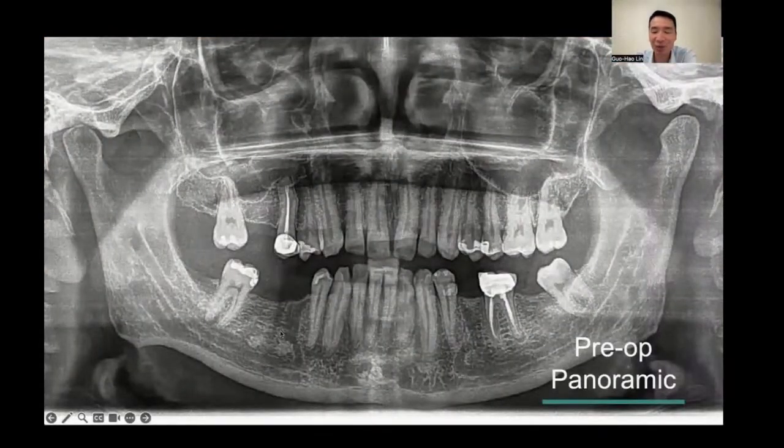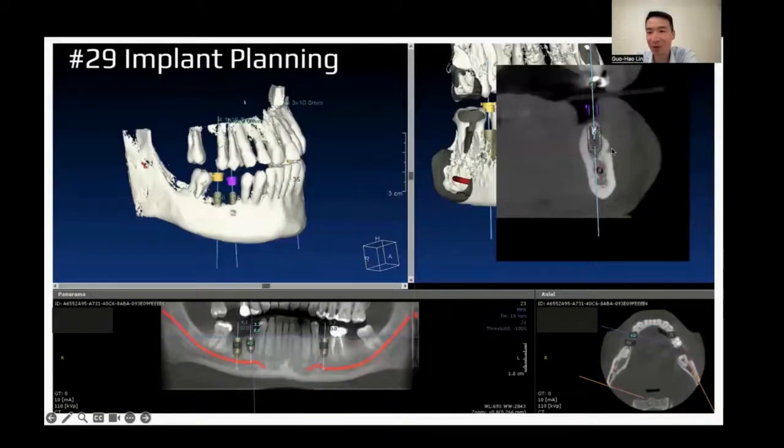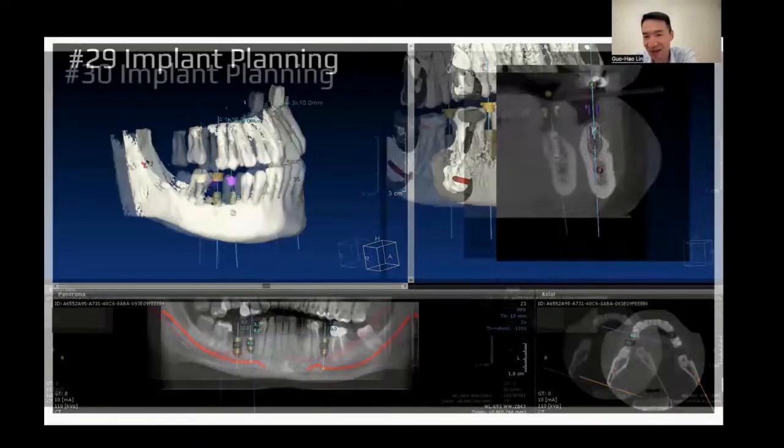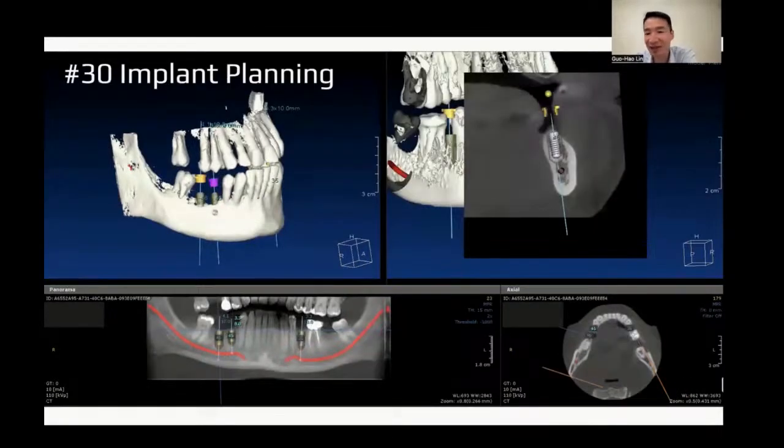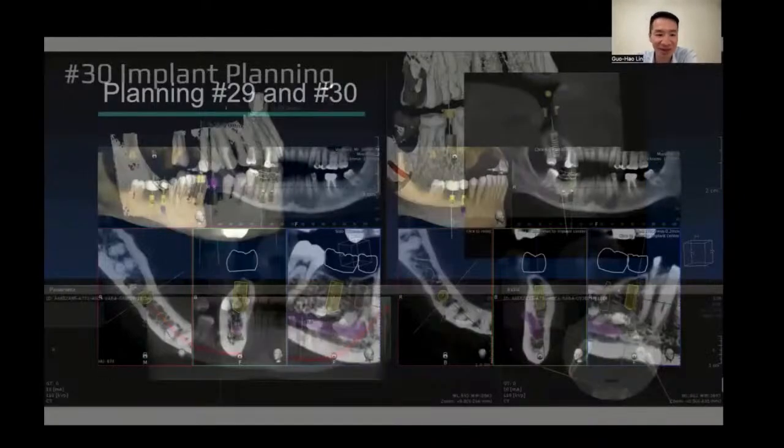Vertical dimension-wise, the patient had a decent amount of bone from the bone crest to the inferior alveolar nerve. However, with a CBCT scan, we could see some buccal bone deficiency at the number 29, 30 implant site. So in the end, we decided to do this implant with the navigation system plus a buccal bone augmentation procedure simultaneously.